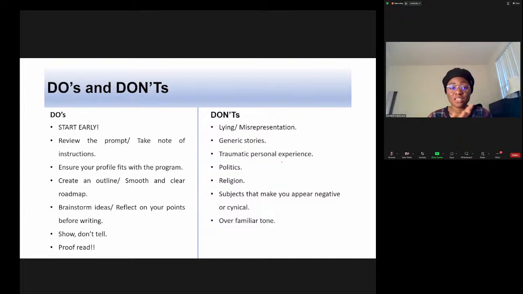So try as much as you can to represent yourself well. Ask yourself the question. That's what I always asked myself when I was writing my essays. If I was the one sitting down to read this essay as part of the admission committee, will I admit myself? Ask yourself that question. Be honest with yourself. Would I admit? Am I impressed with this?